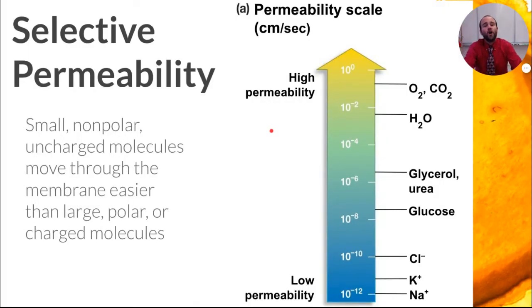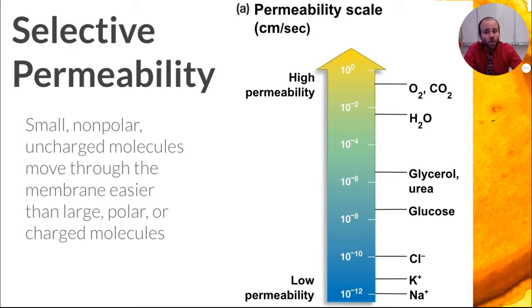So our membranes are selectively permeable. So what does that mean? Well, some things can go through. Permeate means to go through. So some things go through and some things don't. So small, nonpolar, and uncharged molecules move through the membrane really easily.